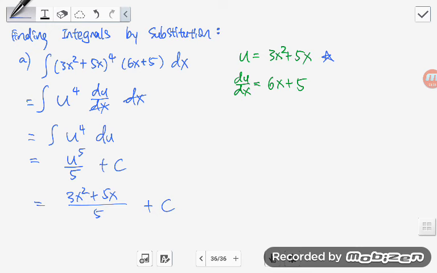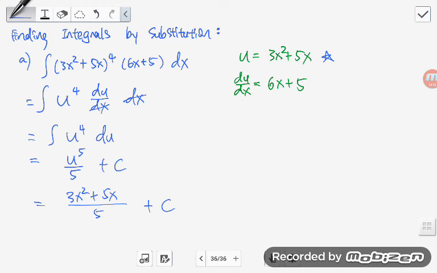And that is your answer. So what we're doing here is just introducing a new variable to represent one part of my original expression.